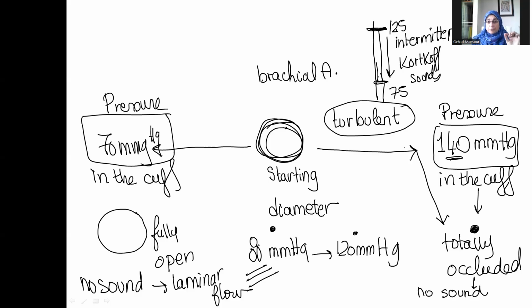Since there is a sound, then we have a turbulent blood flow. And a turbulent blood flow means that the artery is partially open or partially occluded. What does this mean?